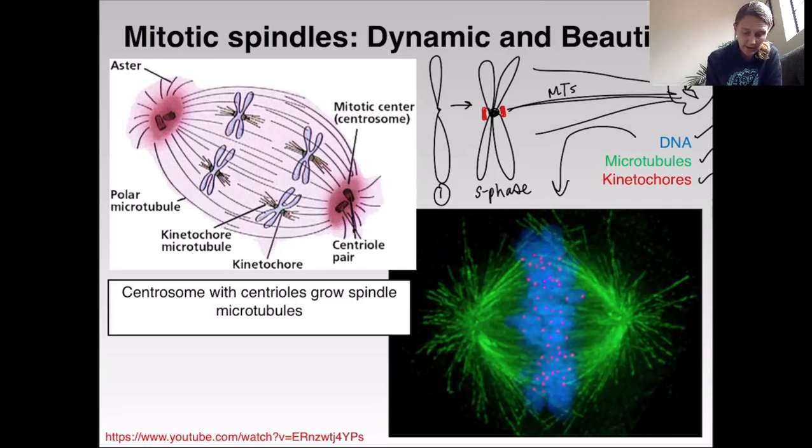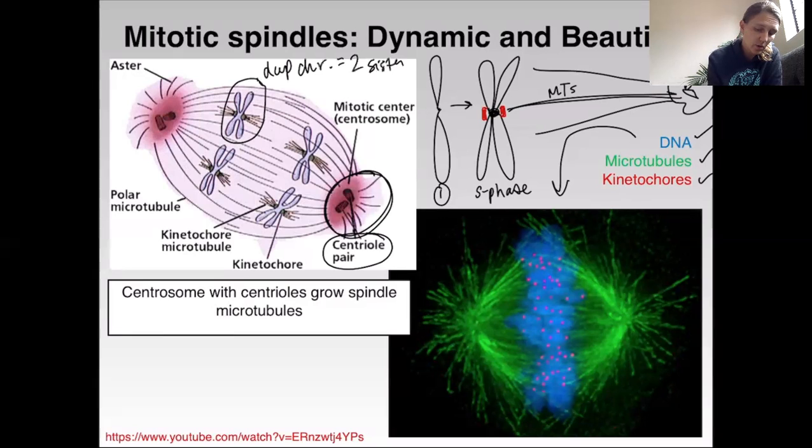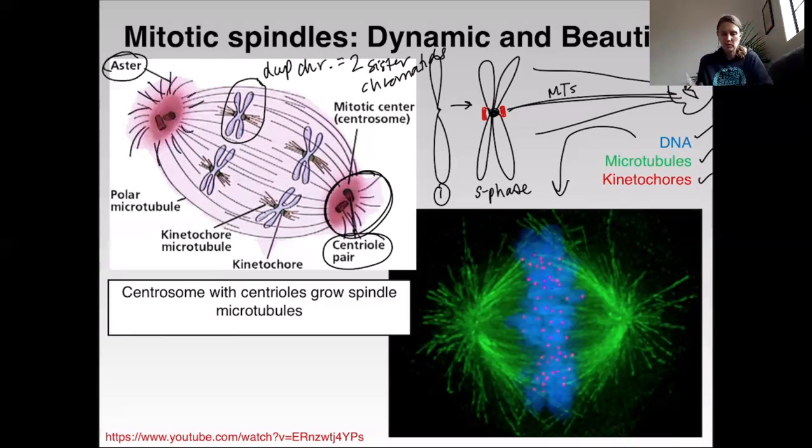So you should be able to recognize all of the things on this picture. You should be able to recognize the centriole pair, a centrosome, a duplicated chromosome composed of two sister chromatids, right? There are two kinds of microtubules. We have aster microtubules, which form a star all the way around the centrosome.